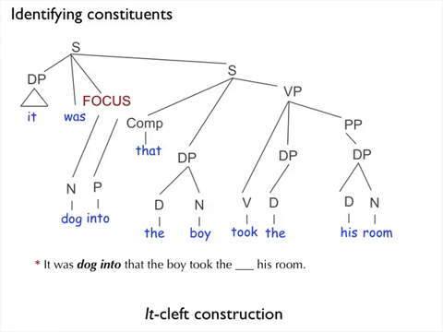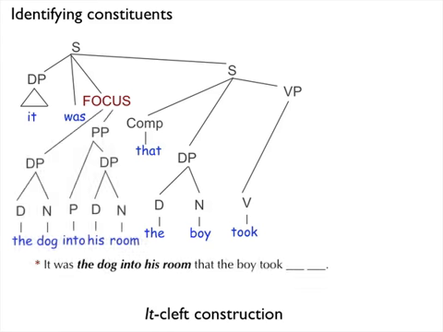There are a bunch of constructions that show us what are the constituents. We say it's really absolutely horrible to do certain kinds of things. And then, well, we don't know. The dog into his room, actually, for some people, that would be a constituent because they want it to be, but there's no support for that.